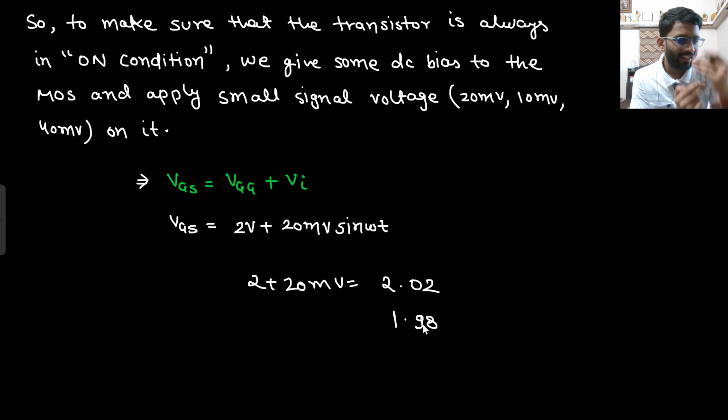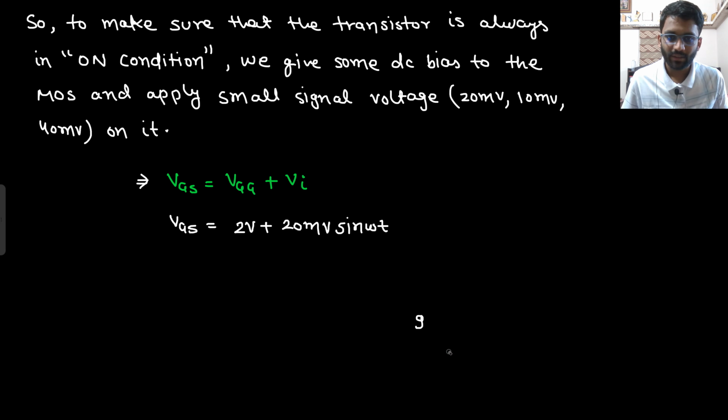That is very near to 2 only. So your operating condition will not change. If it is running in saturation, it will be in saturation only. If it is running in linear, it will be in linear only. So that's why the applied AC signal that we want to amplify is small.